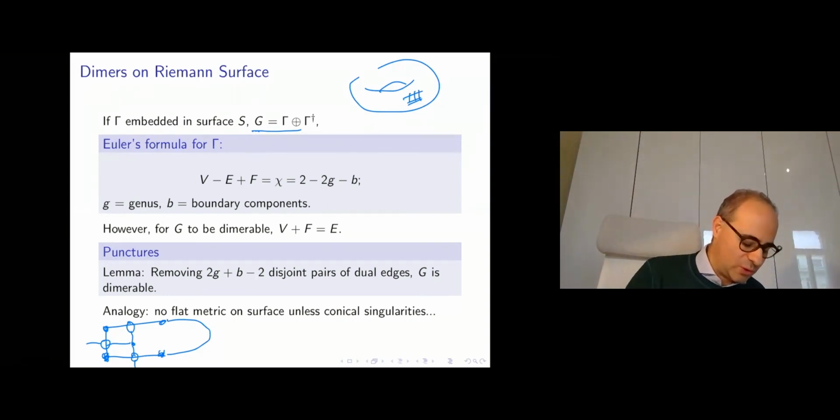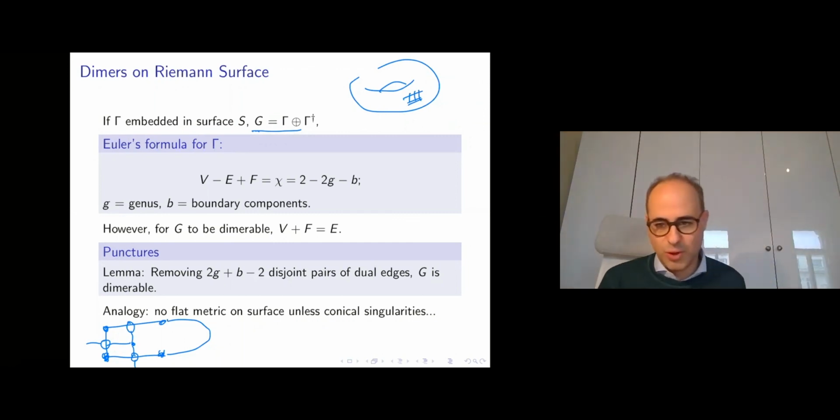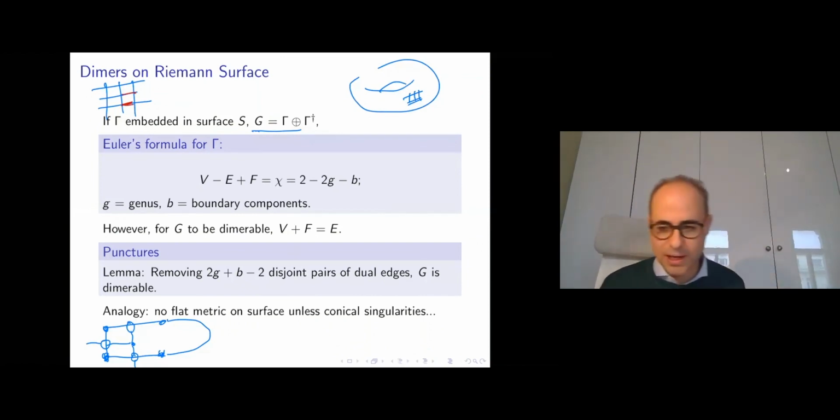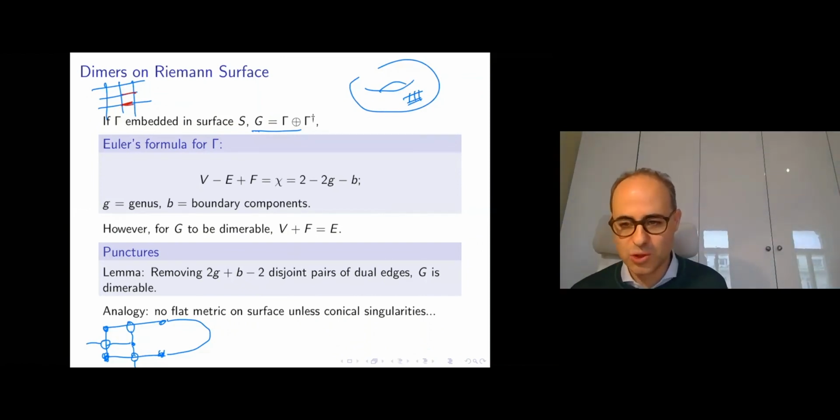At the moment, what we have done is we've given each dimer a weight equal to 1, but you can modify the model and consider an interacting dimer where, for instance, on the square lattice, if you see this dimer and this dimer in parallel next to one another, you will also give it a weight.